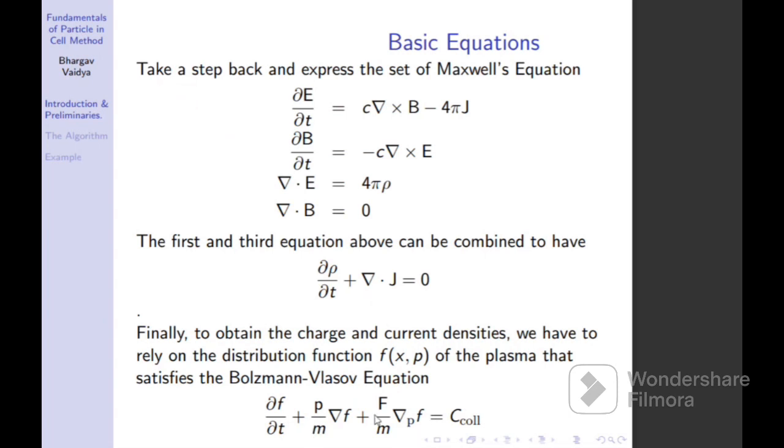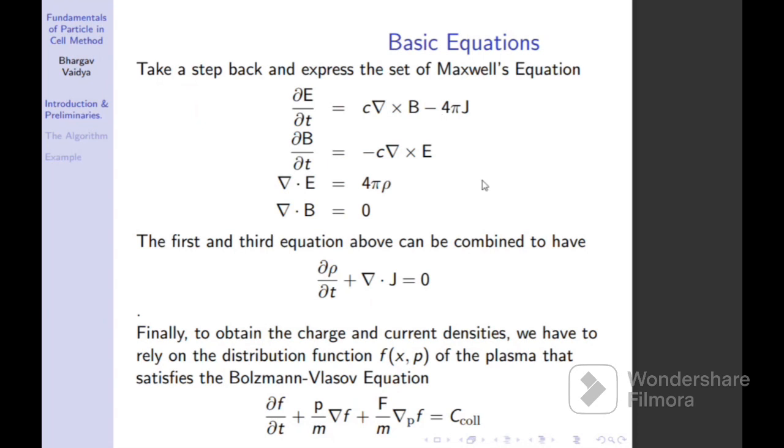So you have a term corresponding to the spatial derivative and a derivative in momentum space, and you have a force acting on this. For an electron or proton, the force will be the Lorentz force, q(E plus v cross B). So you have to solve this equation in combination with these two.